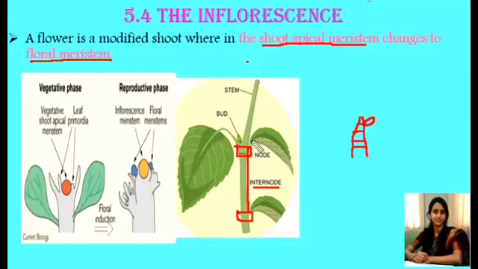During vegetative growth, from each node a leaf or branch arises, but at the time of formation of a flower, instead of a leaf, one whorl of the flower is formed here. For example, it may develop into the calyx, which is the outermost whorl of the flower.